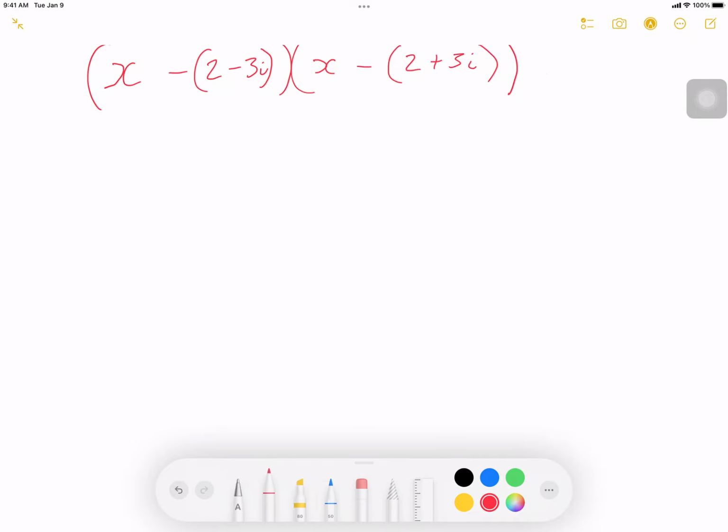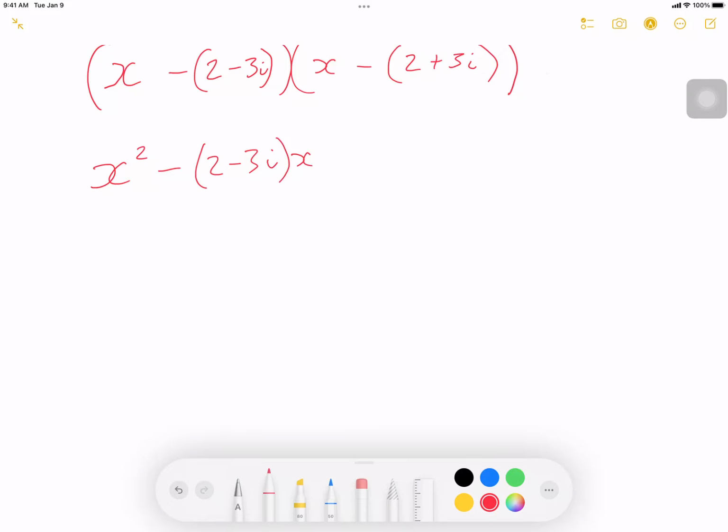So I'm going to flip back to FOIL. I'm going to go x squared, x times x, and then I'm going to go minus 2 times x.